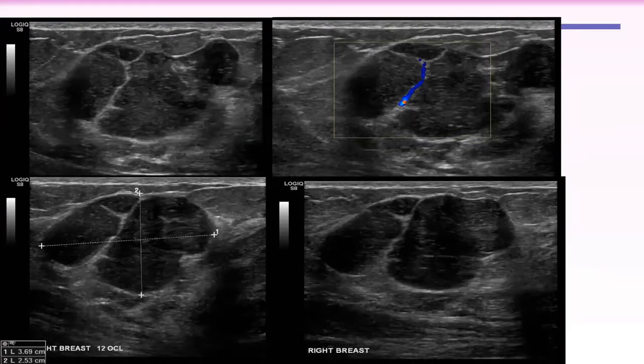Sometimes they have histological overlap. However, post surgical removal, the diagnosis was fibroadenoma.